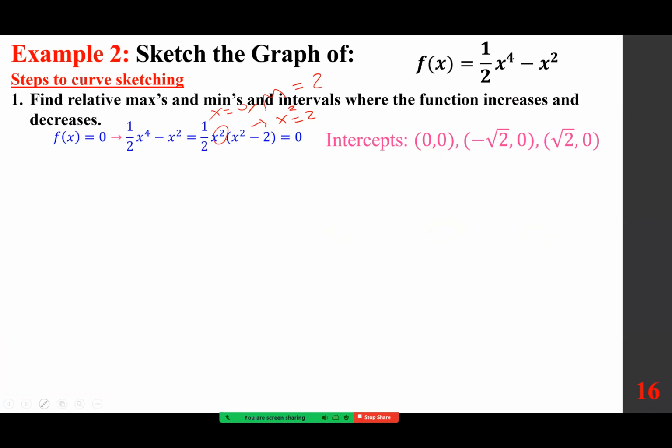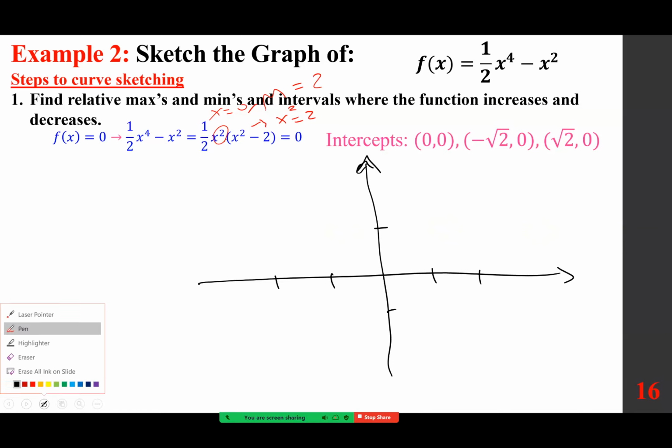So if I were to graph this, let me use a different color. (0, 0). And square root of 2 is about 1.41. So roughly here, 1.41 or square root of 2 comma 0.